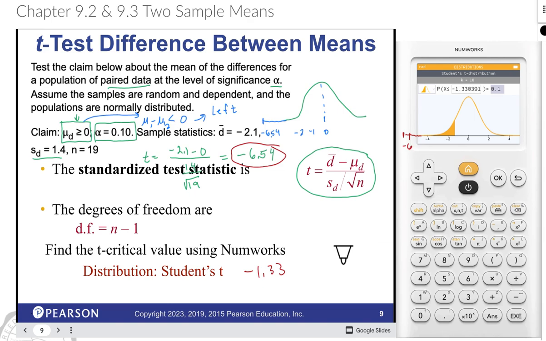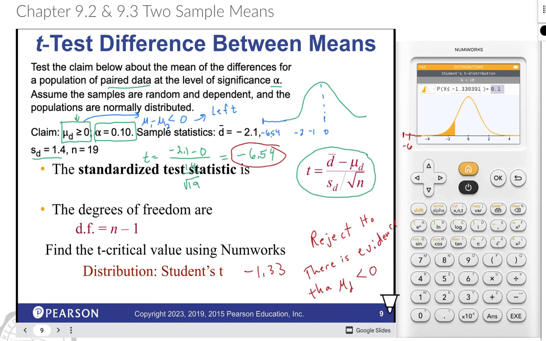So the end result is we are going to reject H naught, which is that the mean is greater than or equal to 0, which allows us to say there is evidence that the mean difference is less than 0.